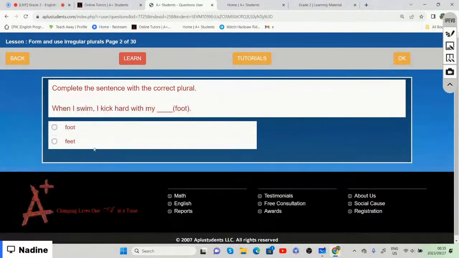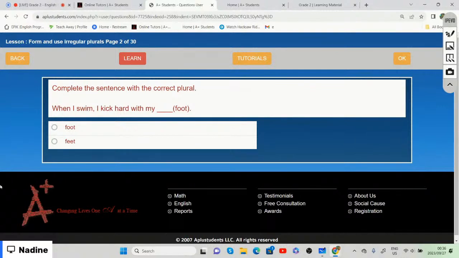So when I swim, I kick hard with my, is it foot or feet? All right, so now we need to choose the correct word form.